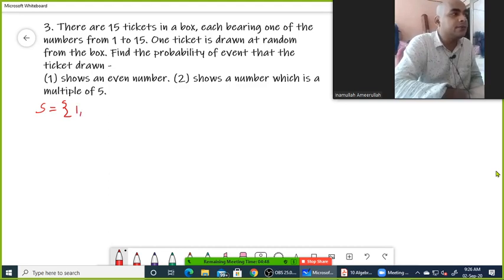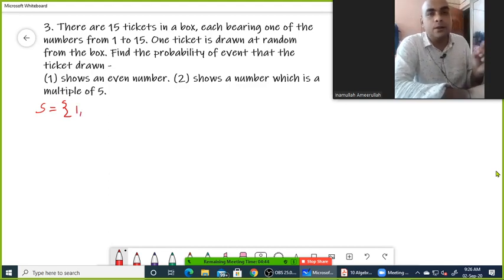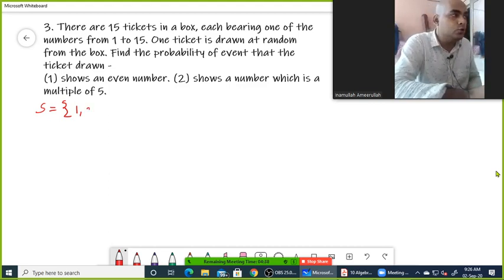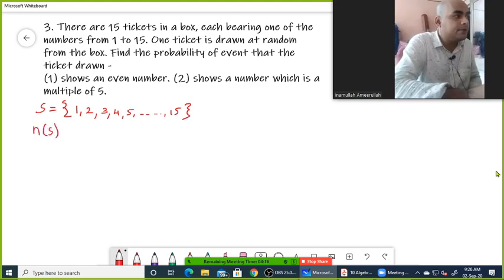So the sample space is 1, where 1 stands for the ticket bearing number 1, then 2 is the ticket bearing number 2, 3 is the ticket bearing number 3, and the same way we have 15 such tickets, up to 15. So we have 15 tickets, and the number of sample space would be 15.